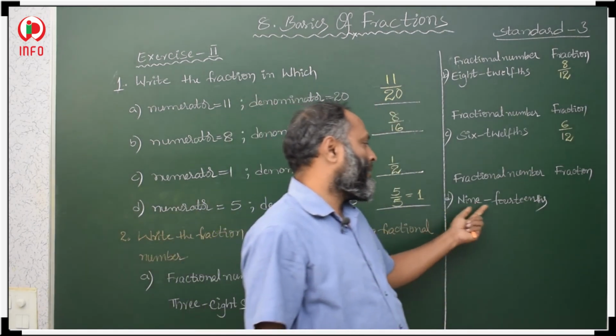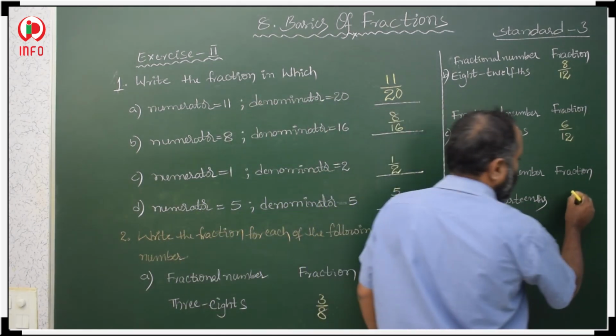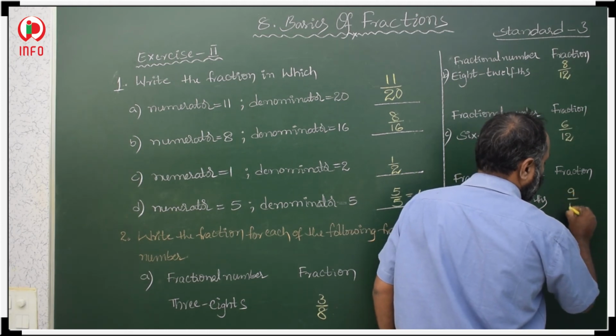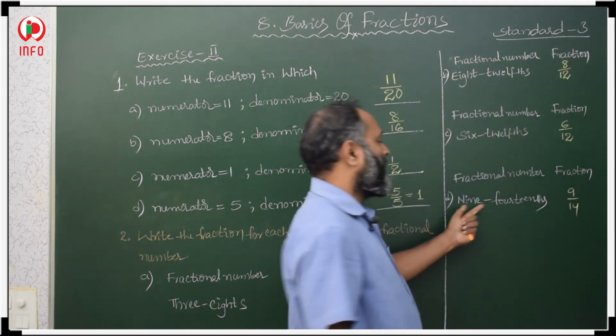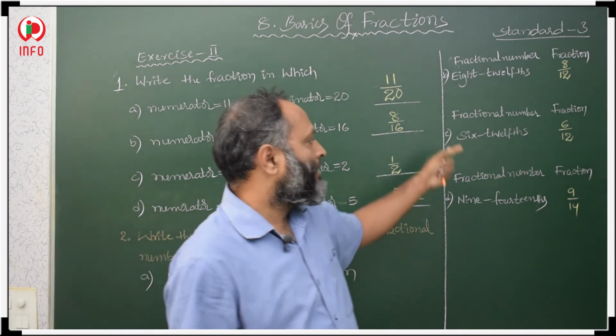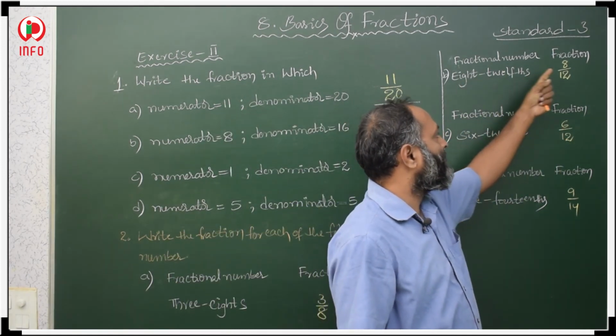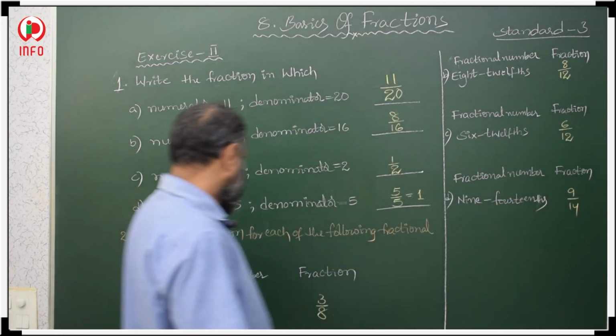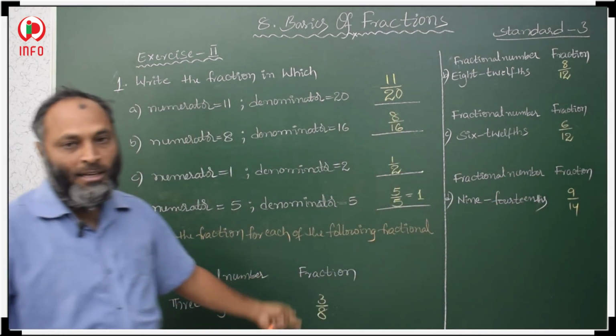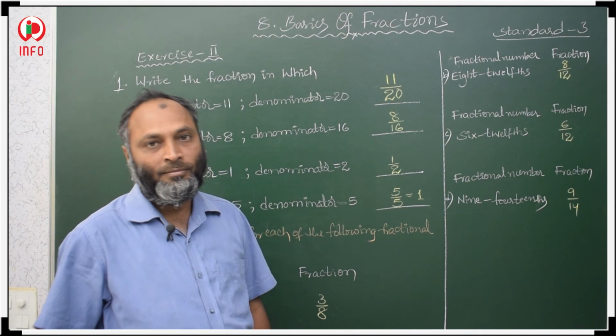Then 9 fourteenths means 9 by 14. 6 twelfths, 6 by 12. 8 twelfths, 8 by 12. Then 3 eighths, 3 by 8. Okay.